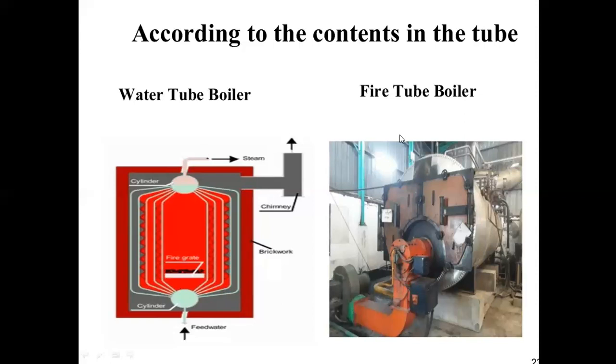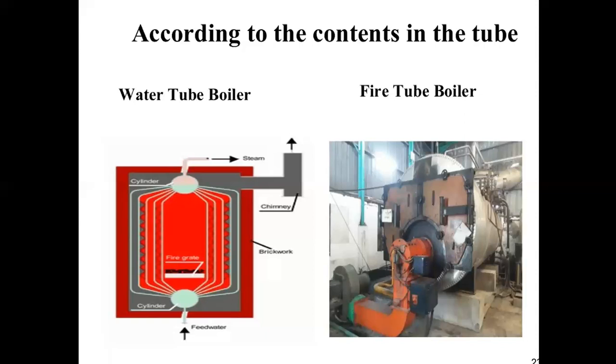Then the fire tube boiler. It is the reverse of the water tube boiler. Within the tubes, the hot gases flow, and it is surrounded by the water. It is called a fire tube boiler.